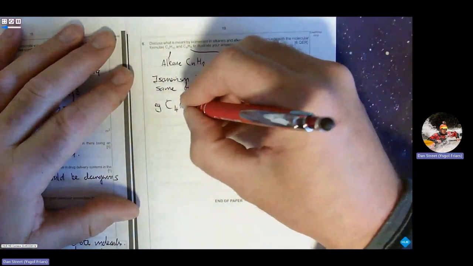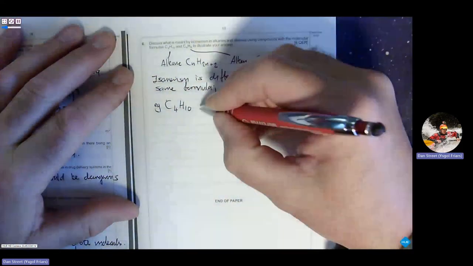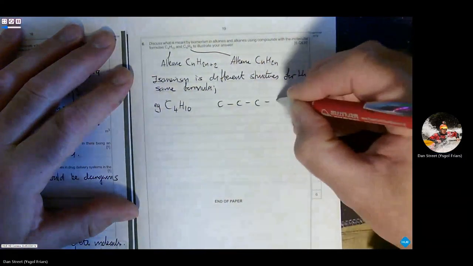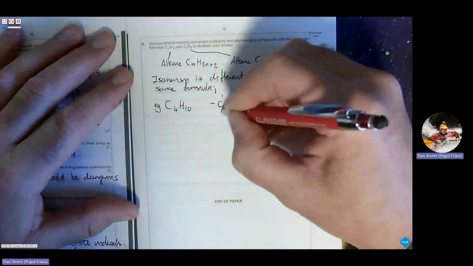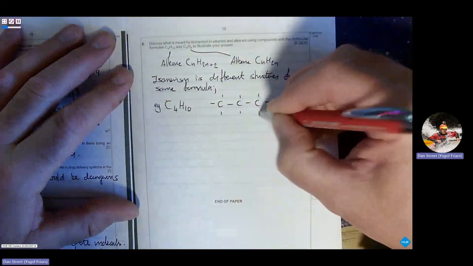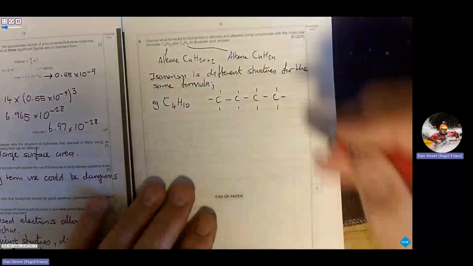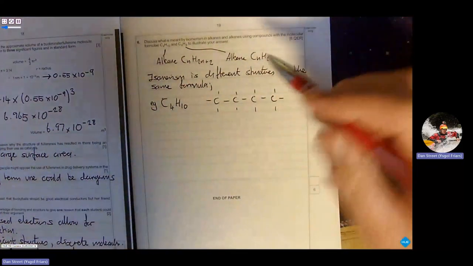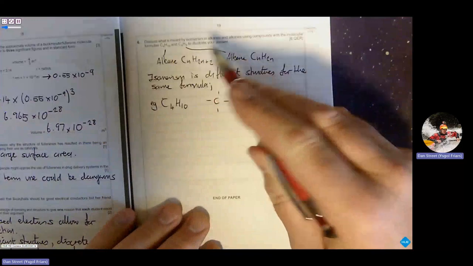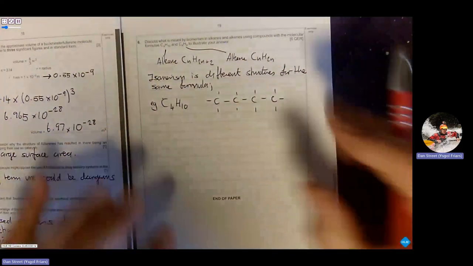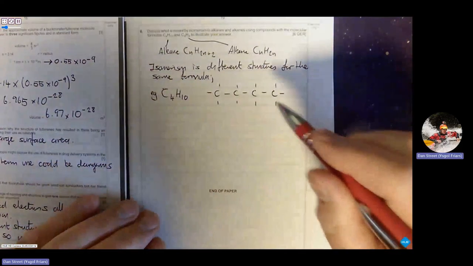So C4H10, the simplest version of that is simply 4 carbons in a row, and surrounding those carbons would be the hydrogens. Now, if you have time in your exam and you want to be a bit neater, you can draw in the hydrogens, but basically that shows the structure, and that is simple butane. Now, the question doesn't demand that you name everything, okay, so you just need to show that you understand that isomerism is different structures for the same formula.